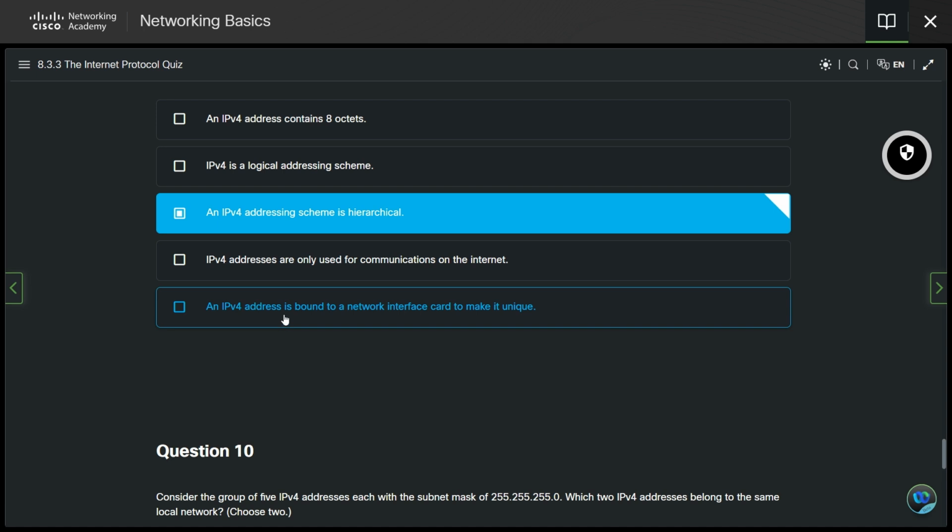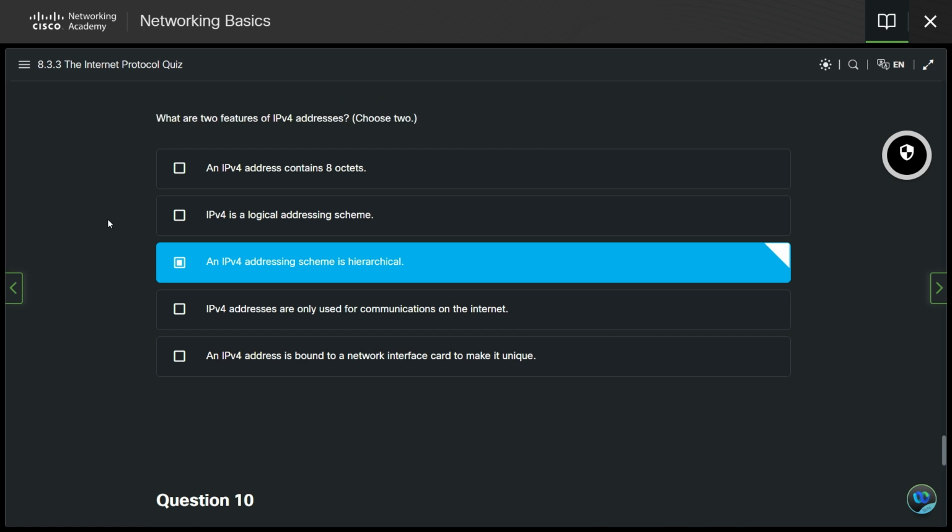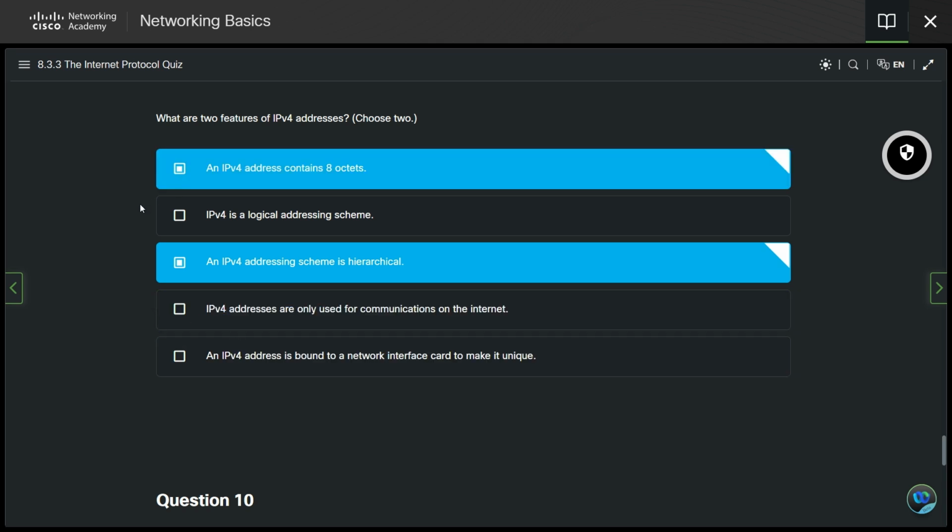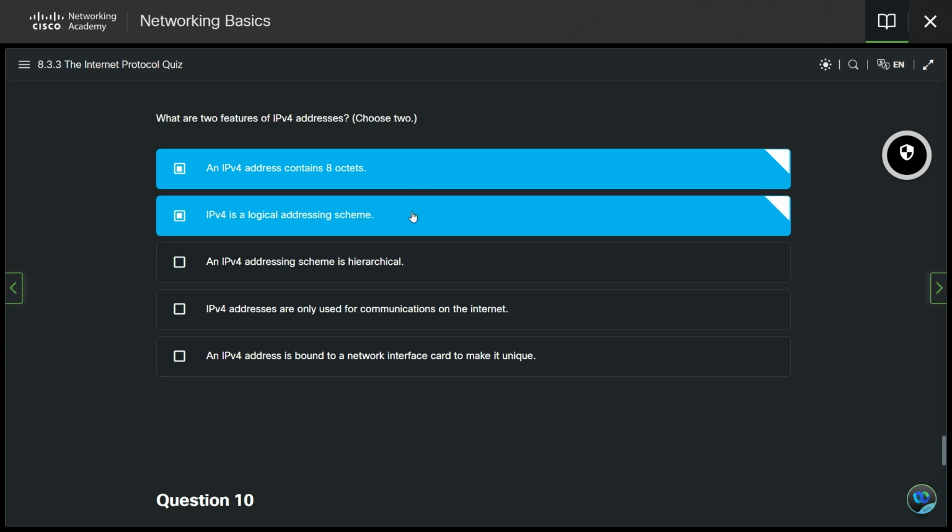An IPv4 address is bound to the network interface card to make it unique. No. Okay. I don't know what it is. I think it's this, but I don't remember. IPv4 is a logical addressing scheme. Yeah.